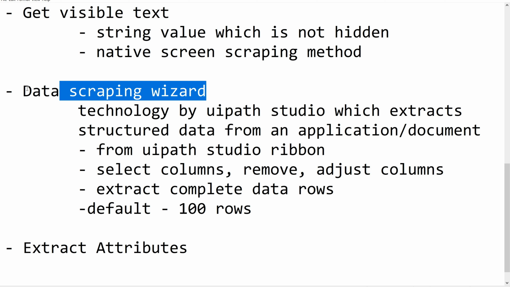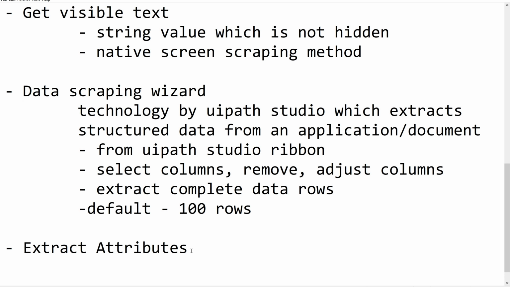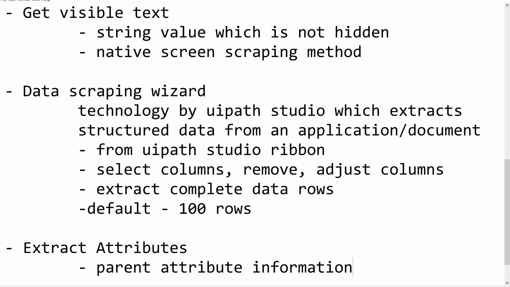When I want to read this data, along with this data, I want to know the parent attribute of this particular data. What is the parent attribute here? The parent attribute is going to be the notepad. So how to extract the parent details or the attribute details? We will be using the extract attributes activity in UiPath Studio to get such parent information.